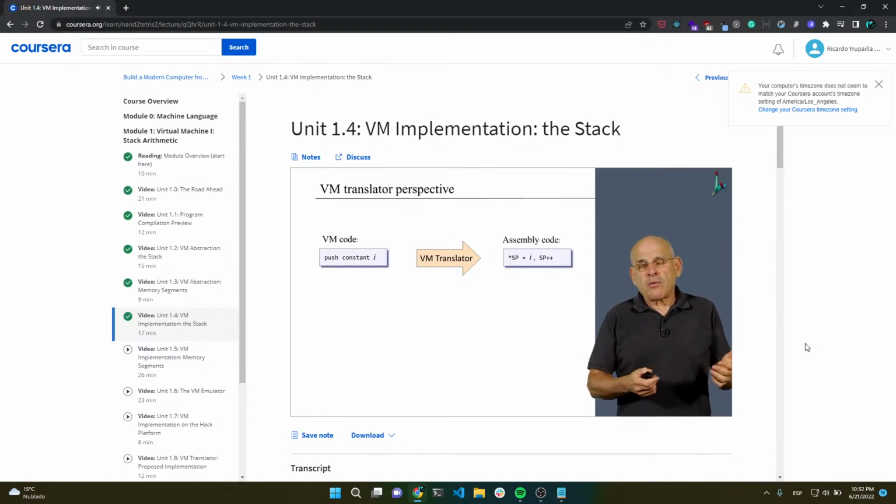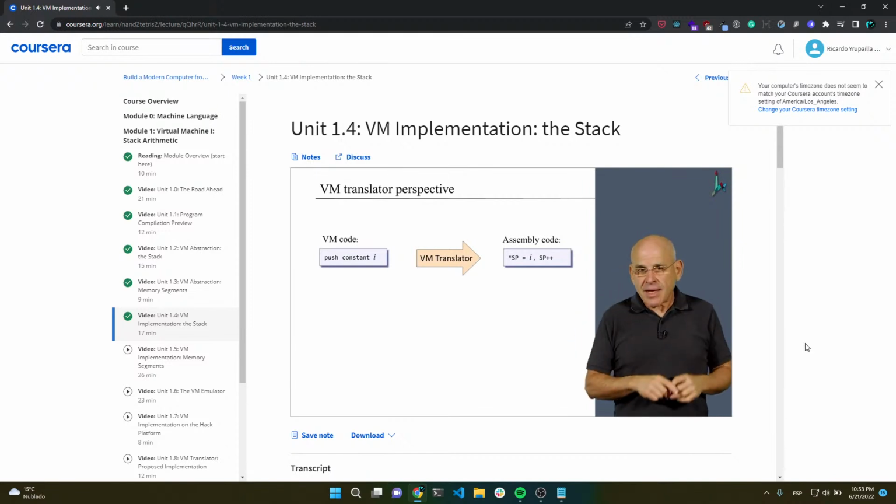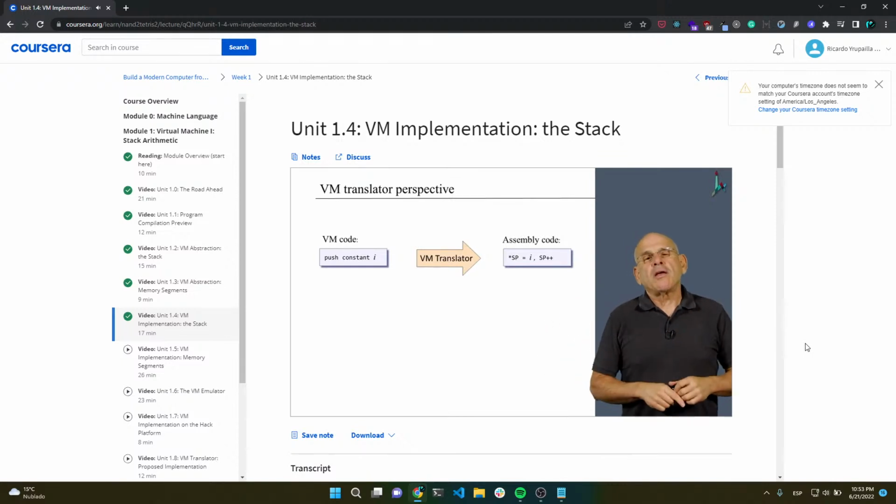This program will receive as input a stream of VM commands, of which push constant I represents one of them. And given this input command, your VM translator is going to re-express it using several assembly commands that basically carry out the semantics which is described on the right-hand side. So on the right-hand side, we have the semantics asterisk SP equals I, followed by SP plus plus, and you have to express this semantics in assembly.